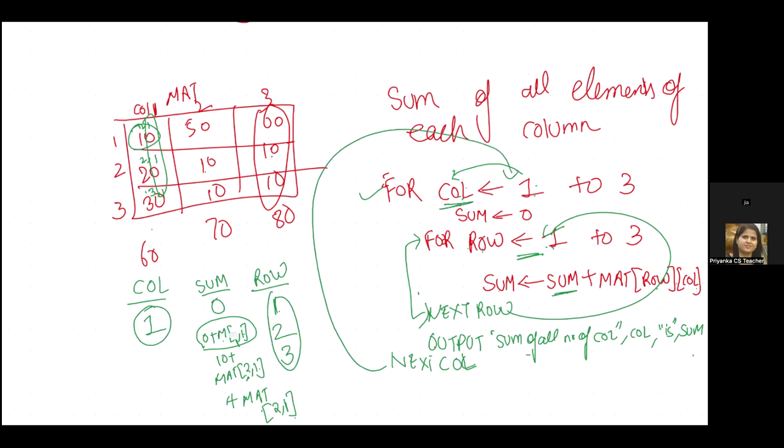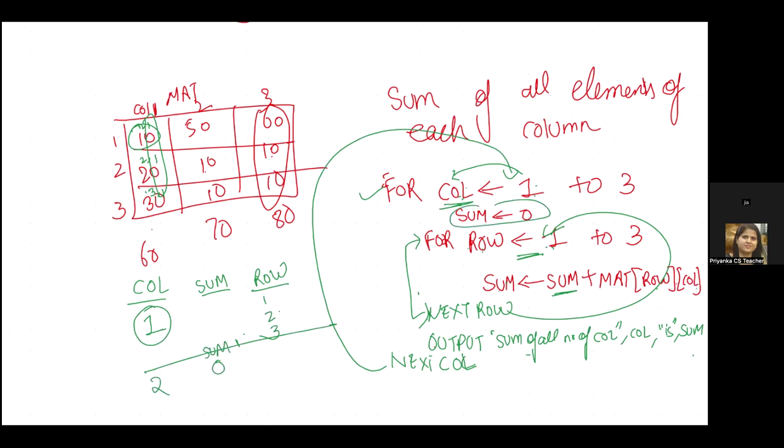So at this moment, column becomes 2, sum is again 0. And then row 1, 2, 3. So basically you are adding mat 1 comma 2 plus mat 2 comma 2 plus mat 3 comma 2. Right?